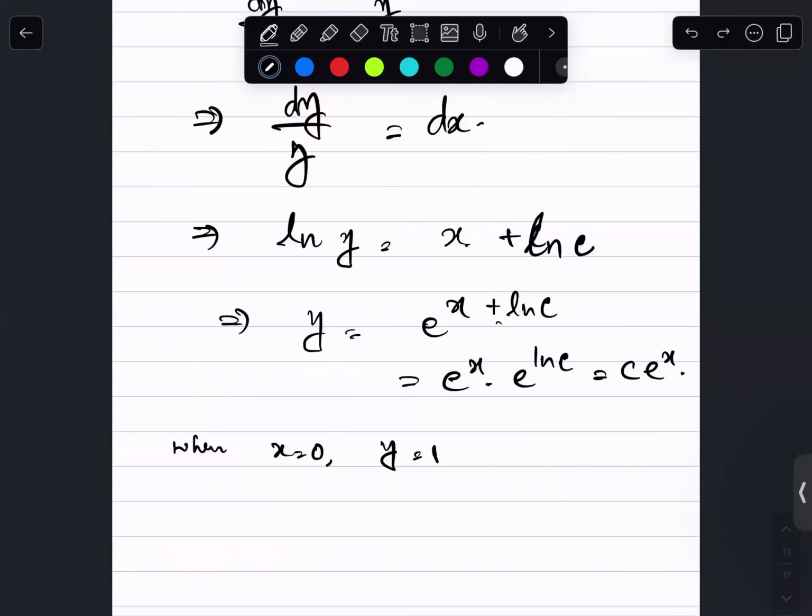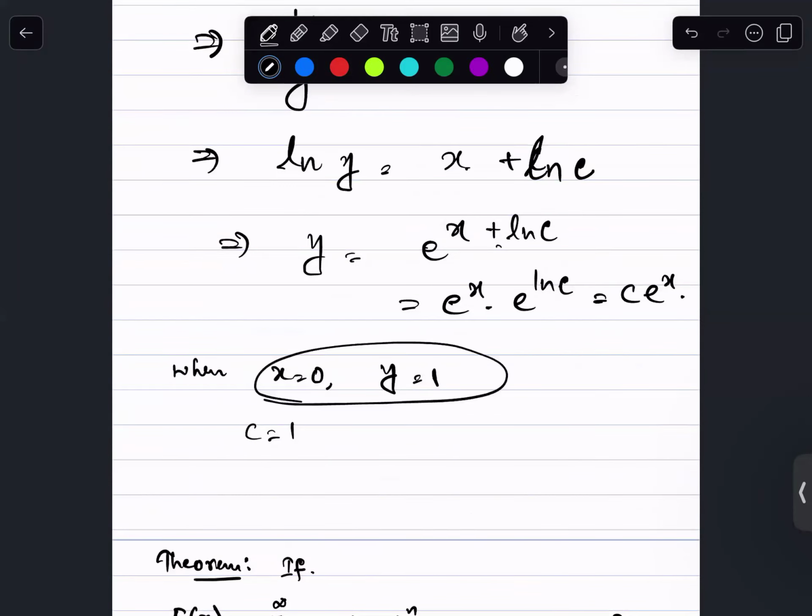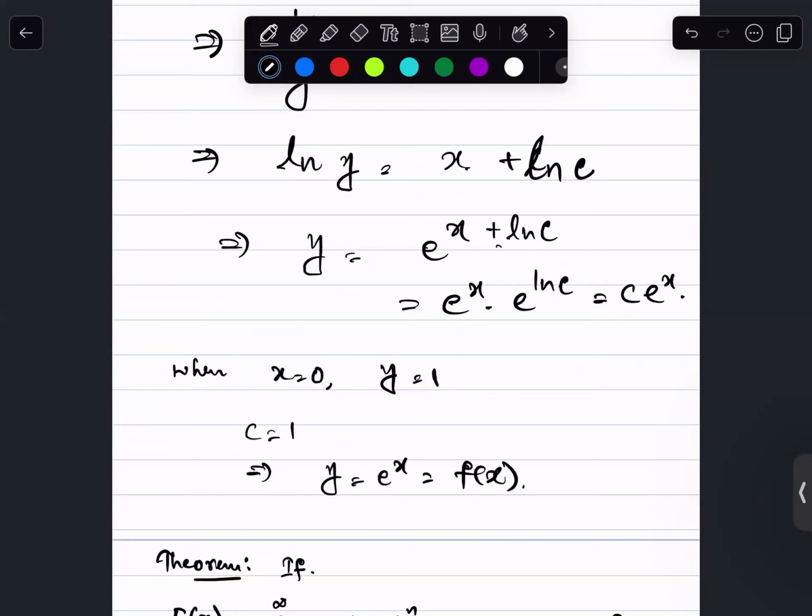So from that I can get that c is 1. Okay, if I put these two pieces of information back in my equation, I'll get c to be 1, and that implies my y is just e to the x, which is f(x). So indeed the series is nothing but e to the x. Okay, so you have got a power series expansion for this function e to the x.